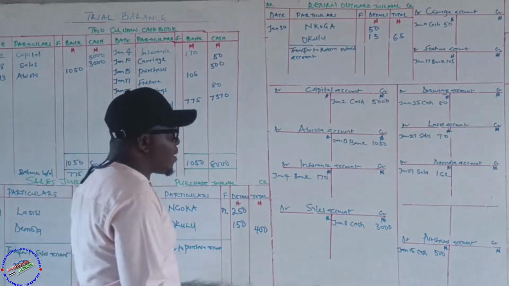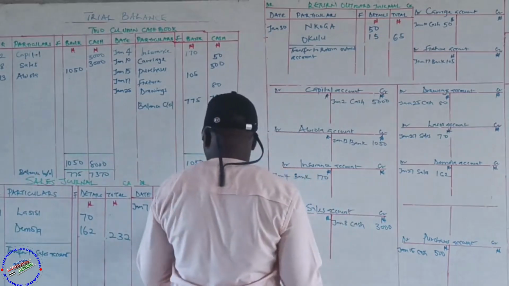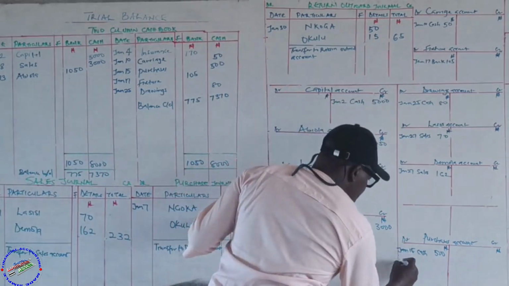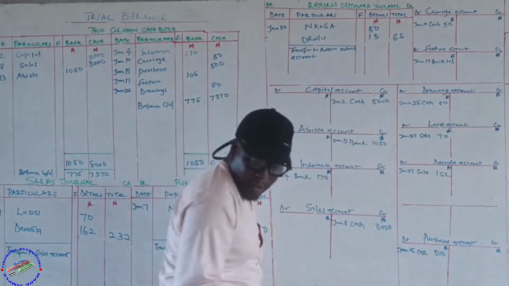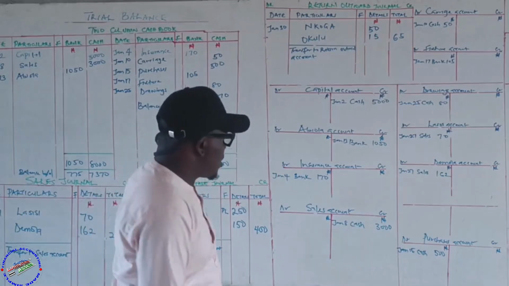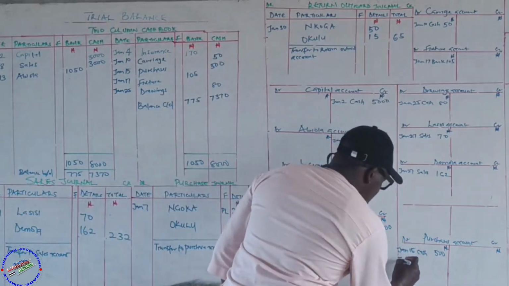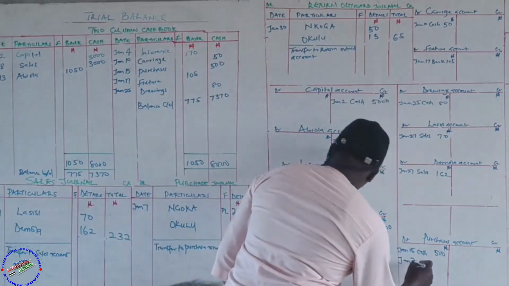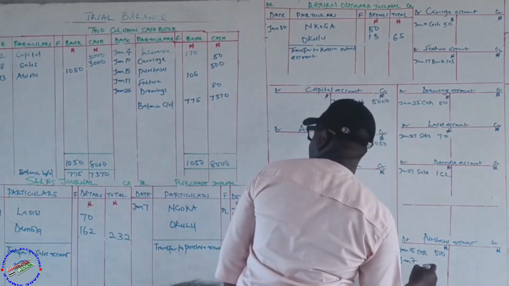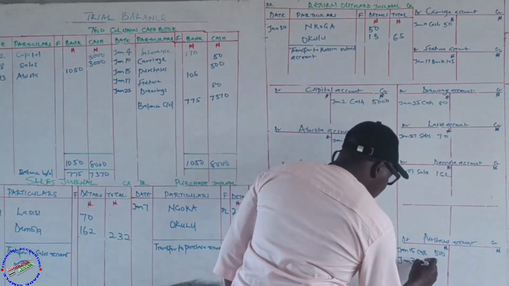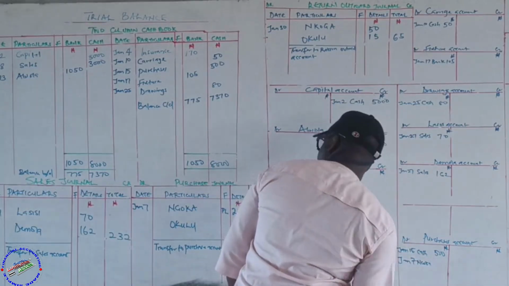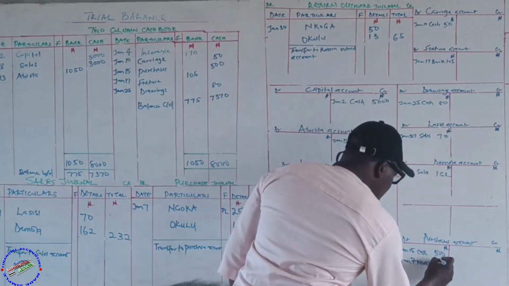So here we have purchases, which is January 7. This is Ngoka, that's 250.